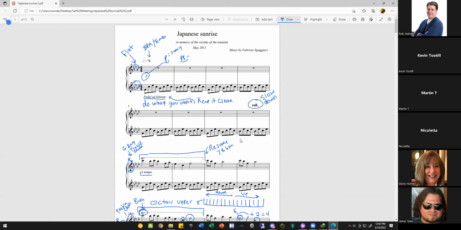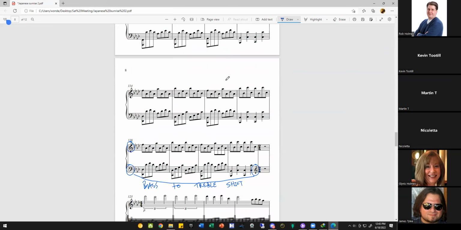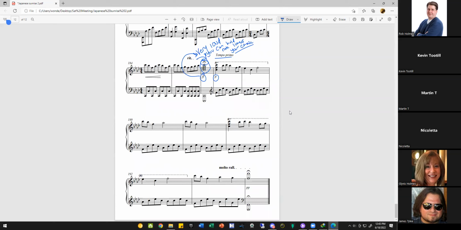Forte means loud in Italian, and fortissimo means very, very loud. You use the symbol double P for pianissimo, double F for fortissimo, okay? You can use even 3F. It means that it's very, very, very loud, okay? It means that you could break the piano.